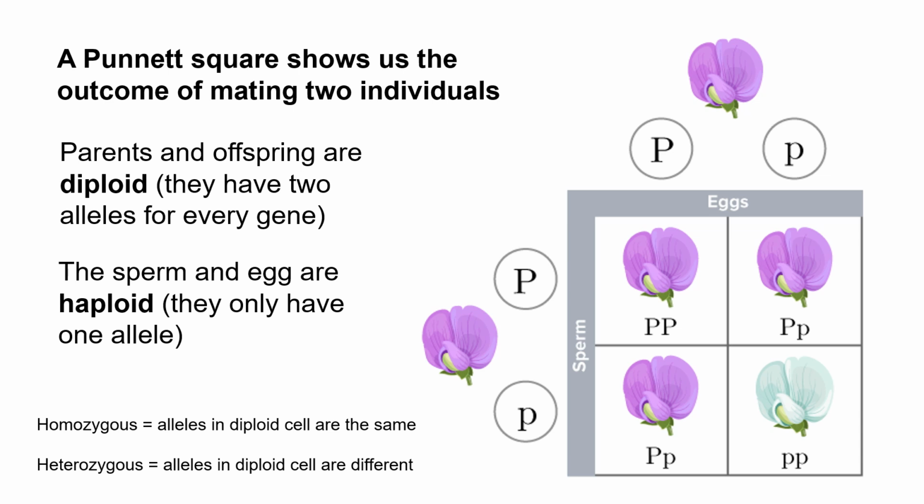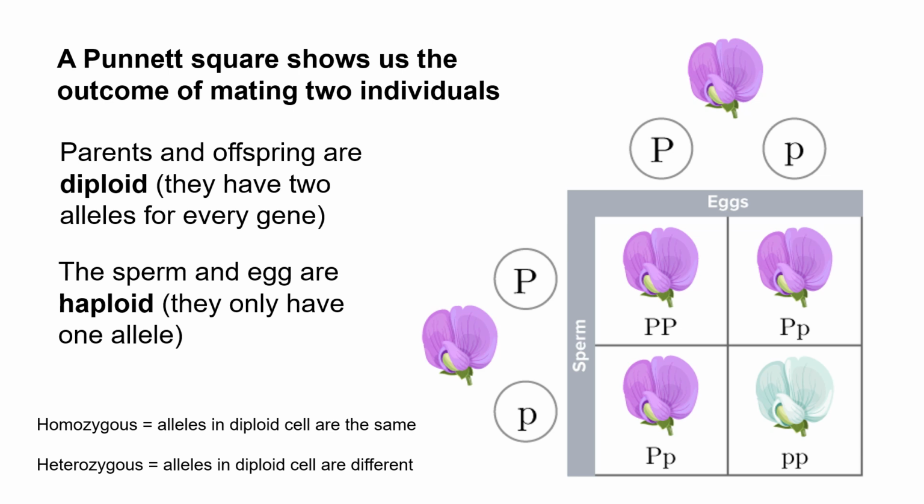And then we have two plants that are heterozygous. Heterozygous means they're big P, little p. They're both recessive and dominant, but the dominant allele overrides the effects of the recessive. And what we're going to get are three plants that are purple and one plant that is white.